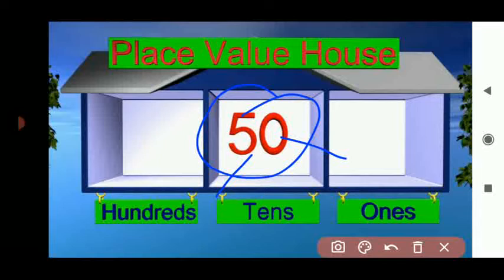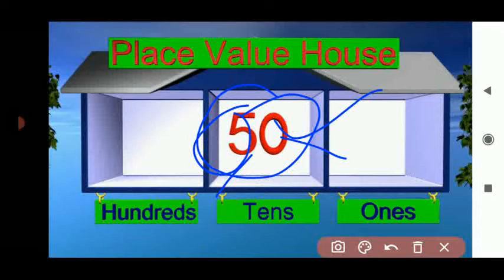Now we have 5 tens. Let us see how many tens there are. We have 5 tens, that makes up 50. Then how many do we have in the ones place? 0. We have 0 in the ones place.